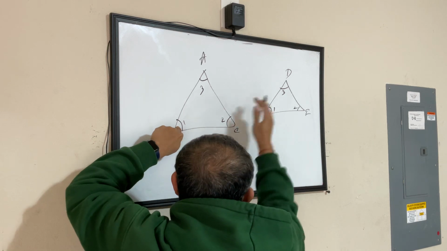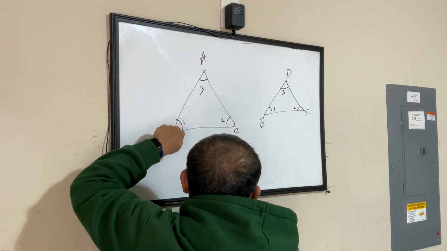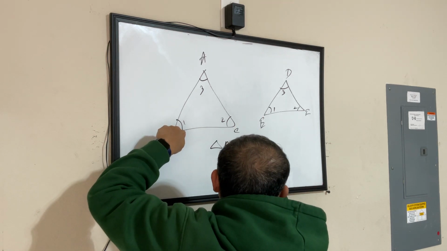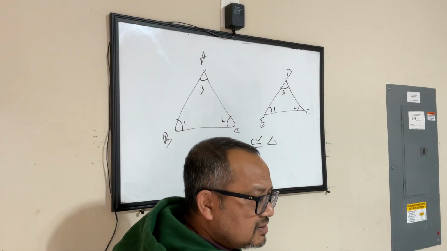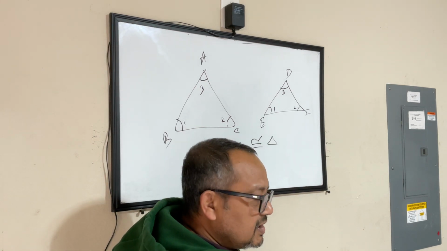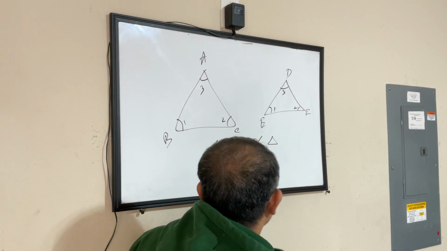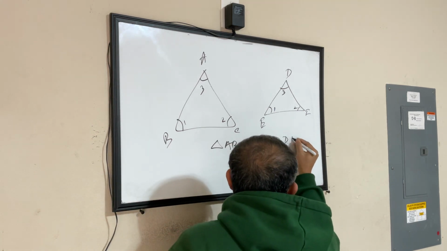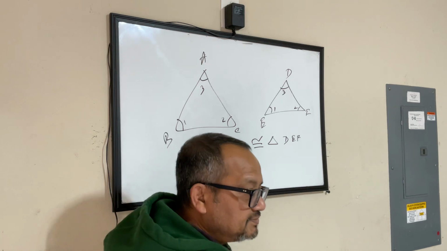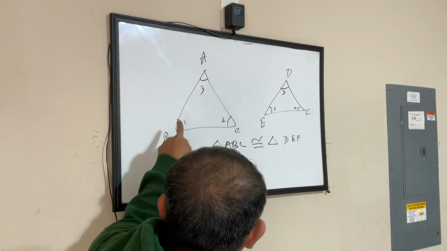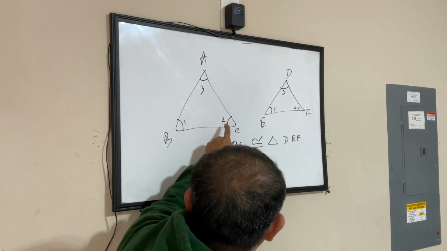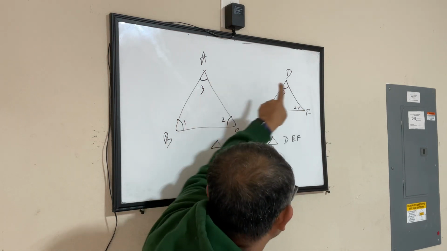So I'm saying triangle ABC is similar to triangle DEF. If these two triangles are similar, meaning this angle is matching, this angle is matching, and this angle is matching.